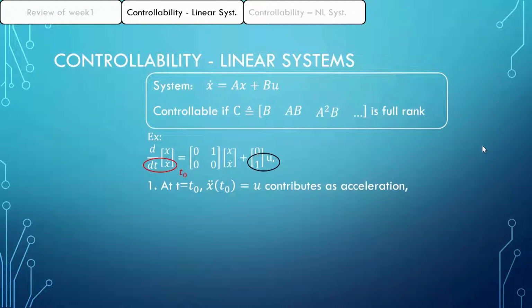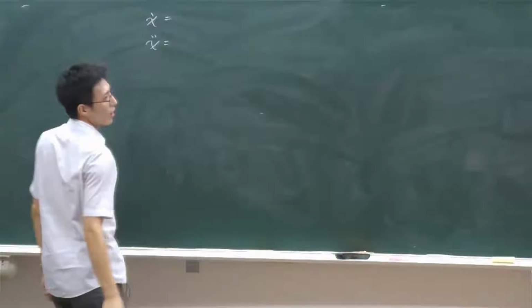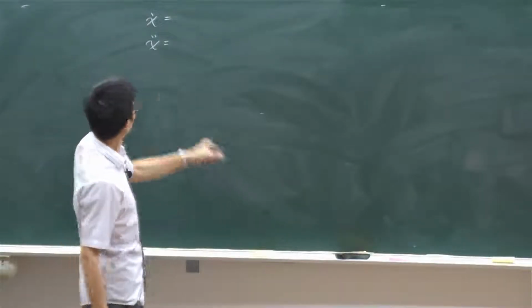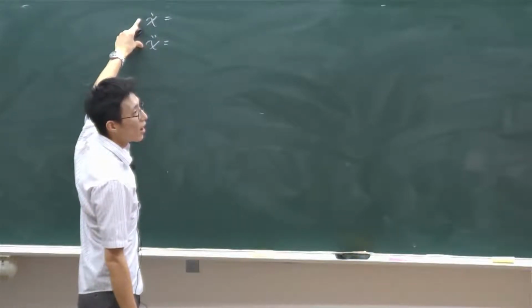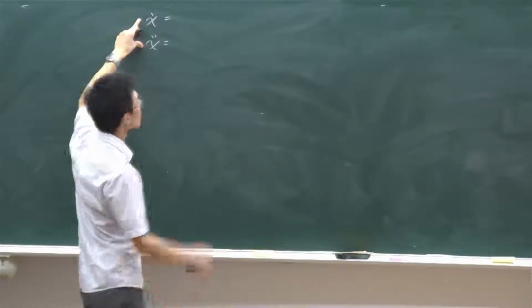Because of the B matrix 0, 1, this U at t equal to 0 only affects the x double dot, right? Let me span out this system into a two equation system. On the left hand side of the equation, it equals this, right?